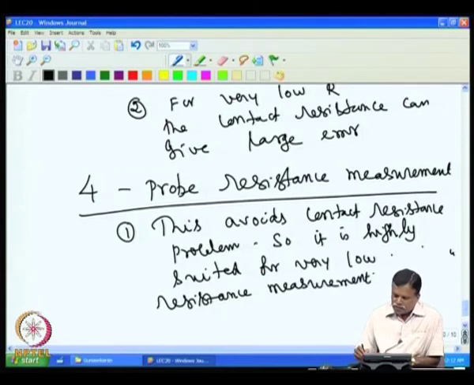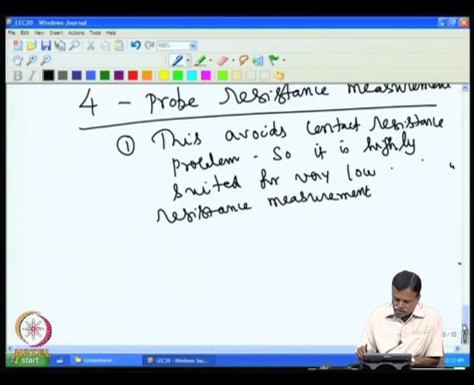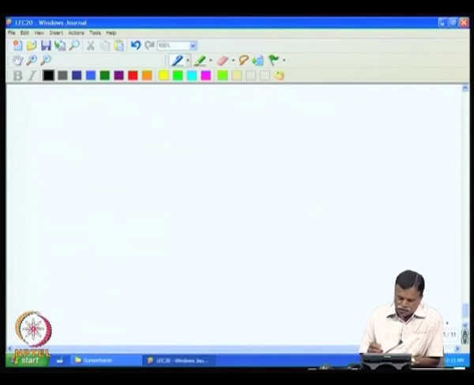Now, let us see how this 4 probe method avoids this contact problem, and how the measurement is made using the 4 probe method.